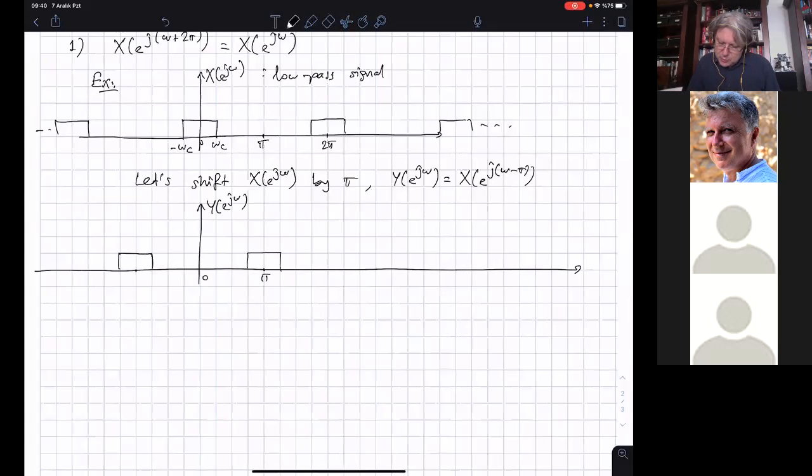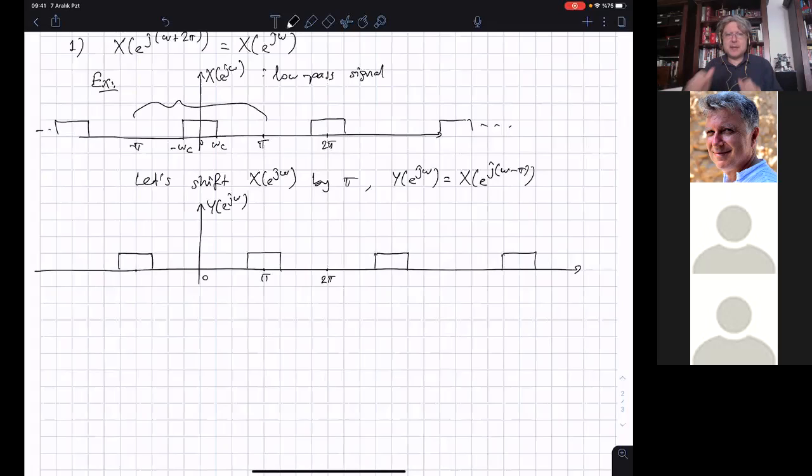So where is 2 pi? 2 pi is here. So everything repeats itself with respect to 2 pi, and I will have this time this and this, etc. So this is, as you see, a low pass signal from minus pi to pi.